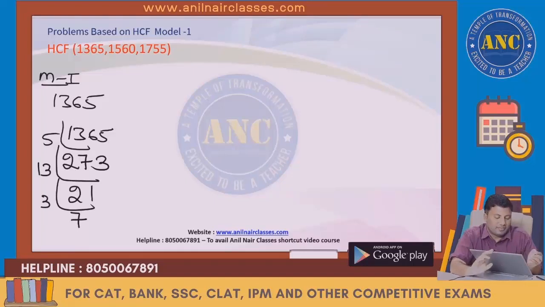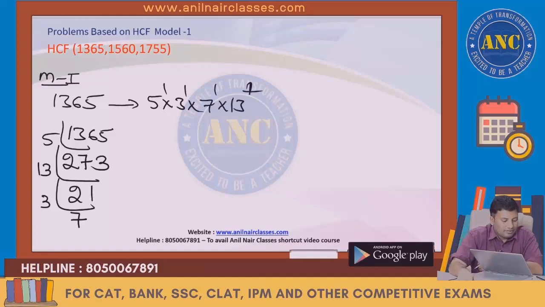So 1365 is 5 into 3 into 7 into 13. Am I right?